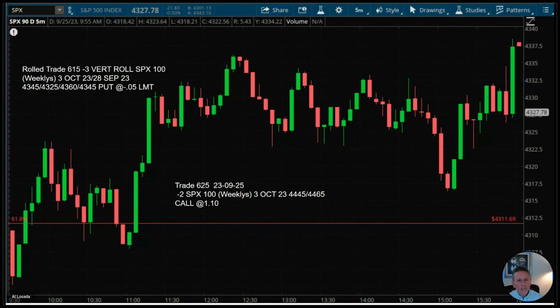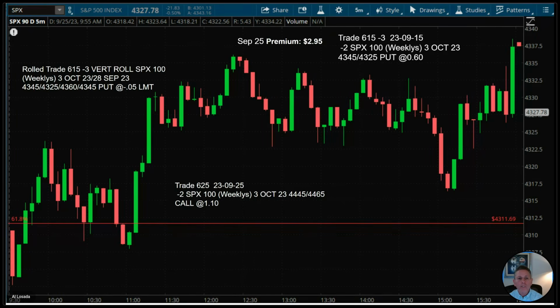Now we placed a new trade, which is now 20 wide, and the call is 110. Now we put on an additional put spread for 60 cents, and now the premium is 295. You can see the premium is starting to move higher.